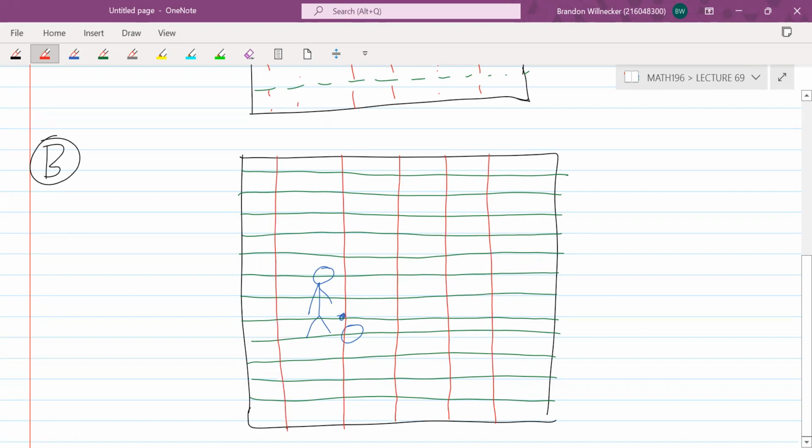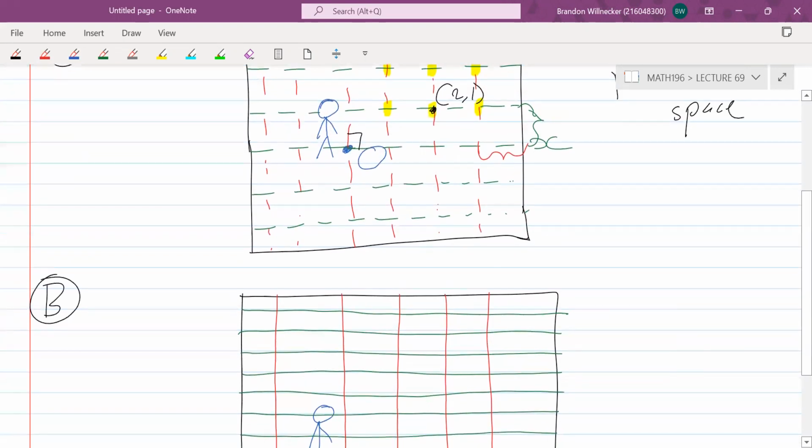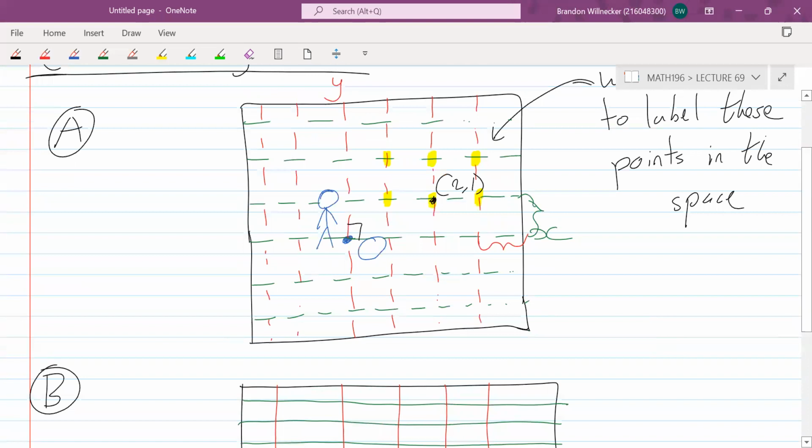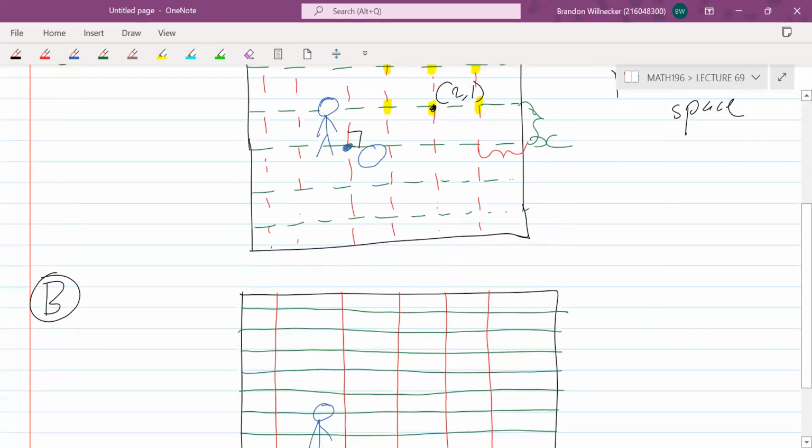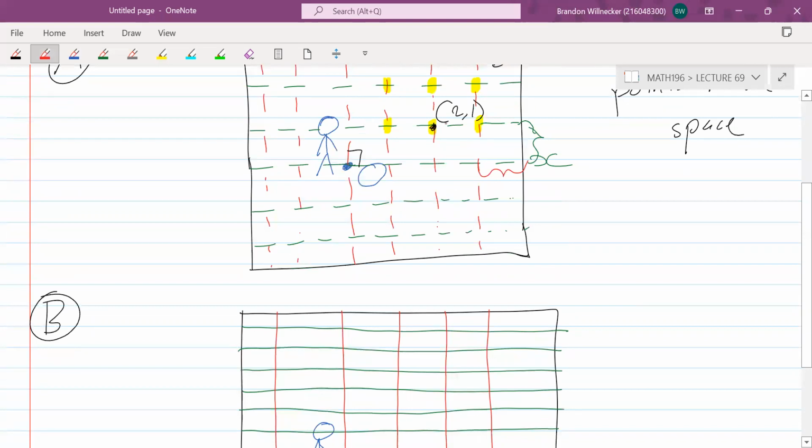Okay, so you see this is no longer Cartesian coordinates, because the horizontal spacing and the vertical spacing are now different. Now, if we look at this point, 2, 1, in our first system A, it's given by 2, 1. In our second system, it's not going to be 2, 1 anymore, because the horizontal spacing is now doubled.